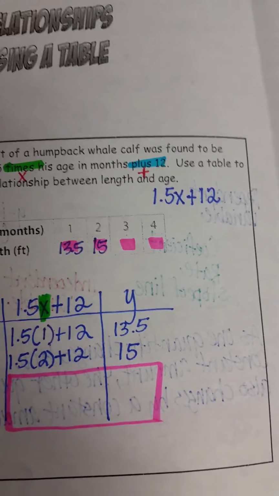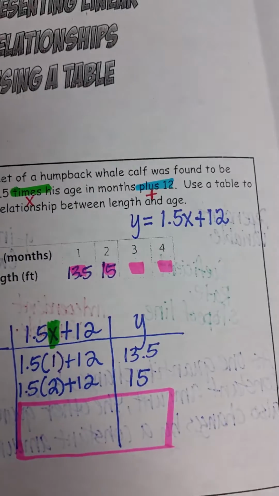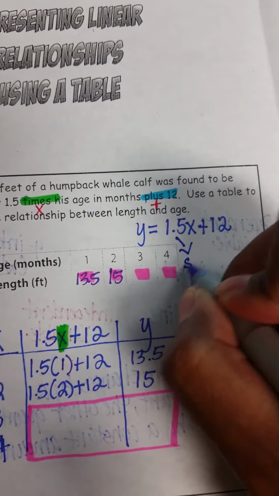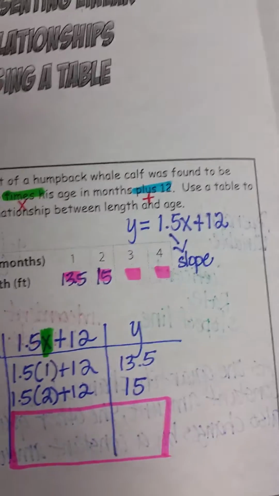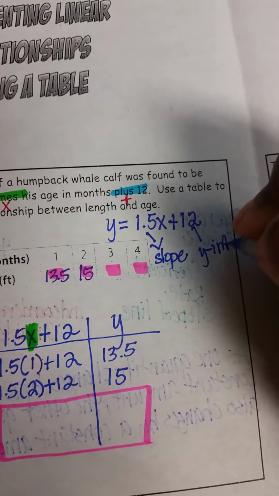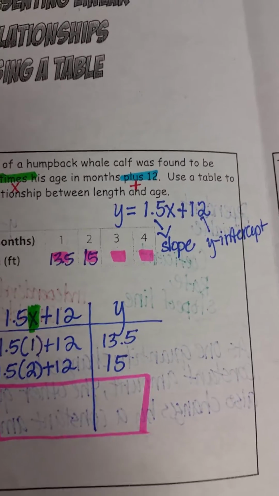All right, and then when we're done, this is actually our equation in the form y equals mx plus b. So this would be our slope, or the steepness of our line. And this would be our y-intercept, which is our b. So have those two done for class tomorrow.